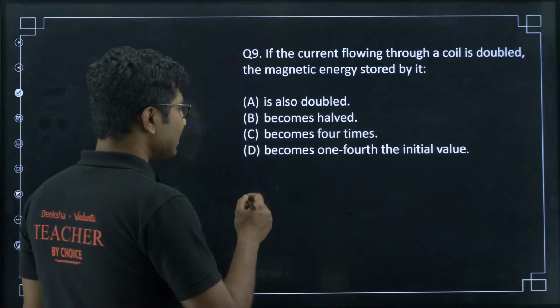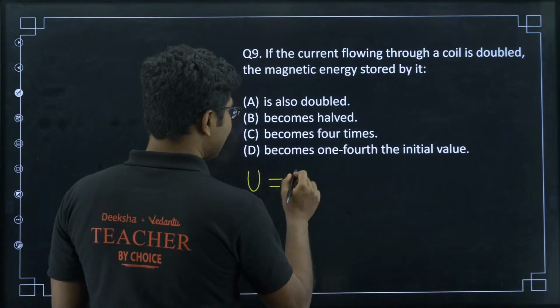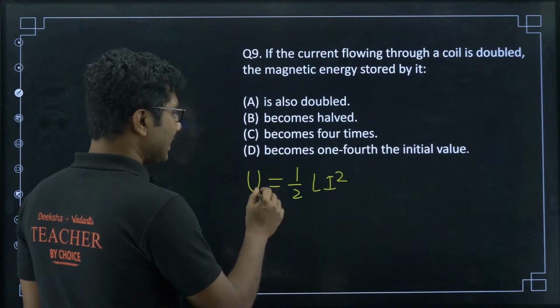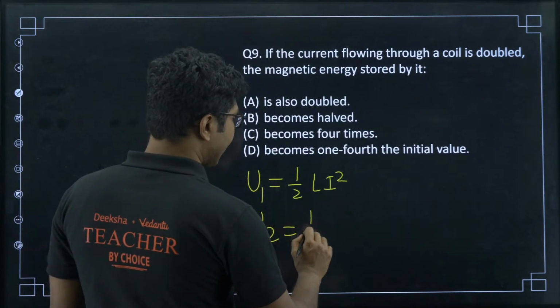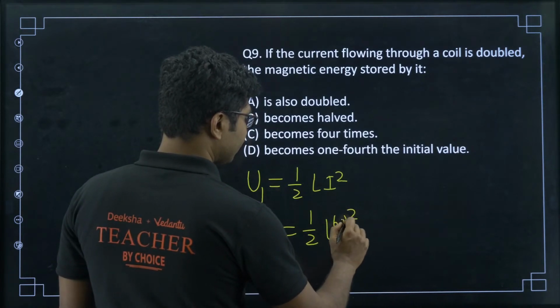So what is the energy stored in the case when the current is flowing? We know that that is half LI square. Now suppose this is U1, and you have doubled the current, so the energy stored will be half L into (2I) square, right.